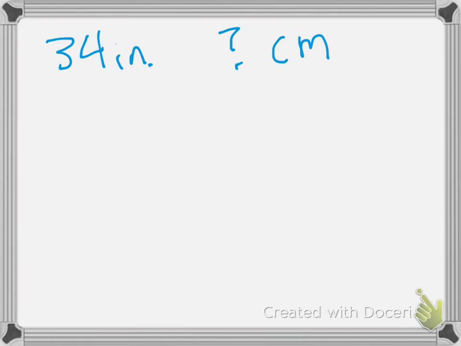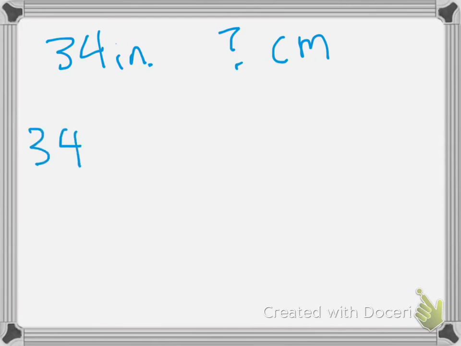Well, you would need a conversion factor between inches and centimeters in order to accomplish this. I just happen to know this one off the top of my head. If you didn't know it, you would need to look it up. So you might look it up online, you might look it up on that chart. Now that chart only has metric prefixes, it doesn't have any inches on it, so it won't be helpful for you for this one.